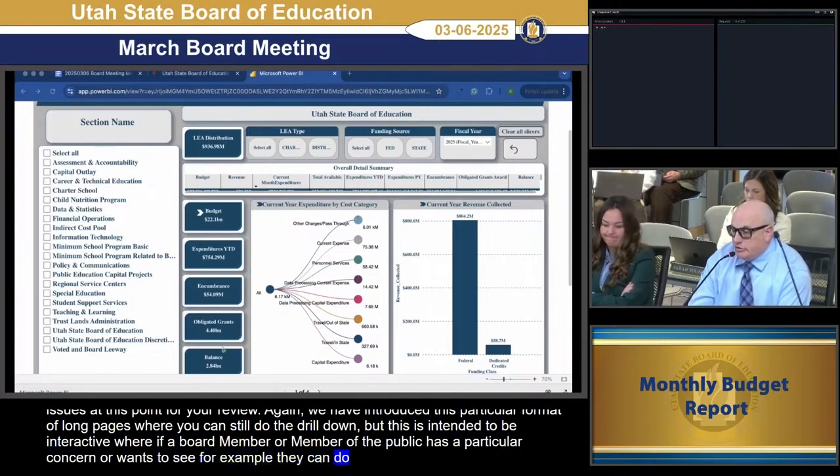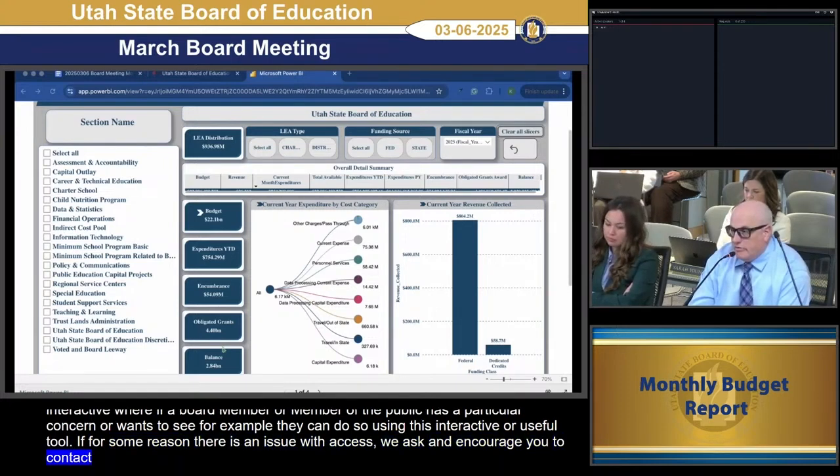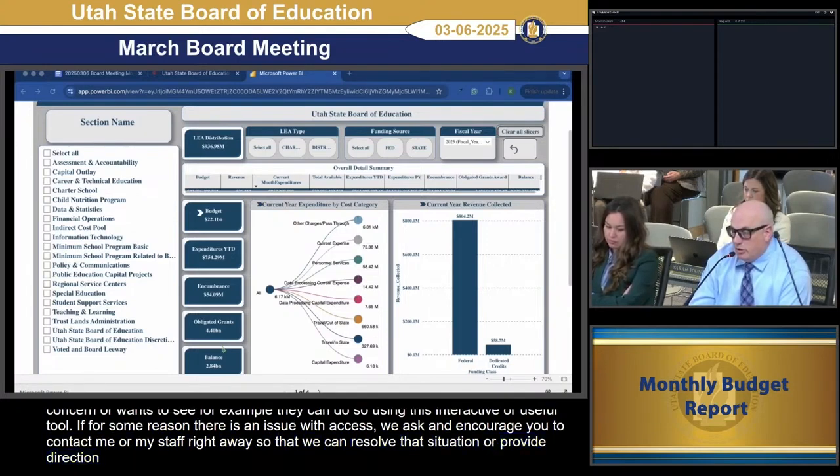If for some reason there's an issue with access, we'd encourage you to contact me or my staff right away so that we can resolve that situation or provide direction on how to find particular elements or data within the monthly budget report.